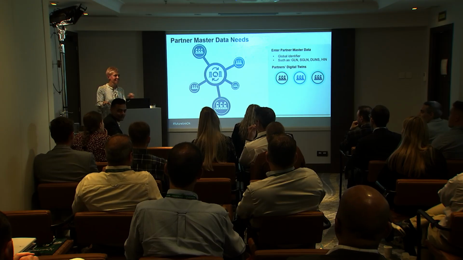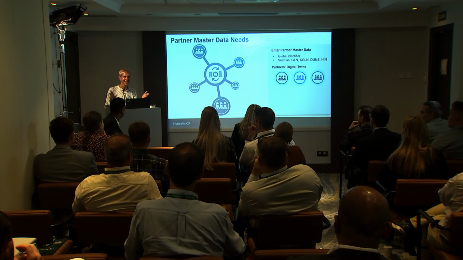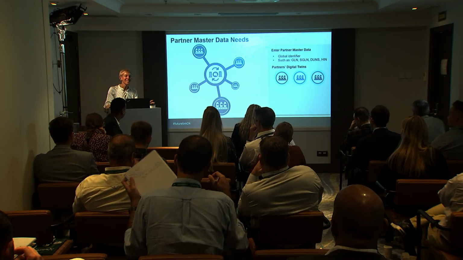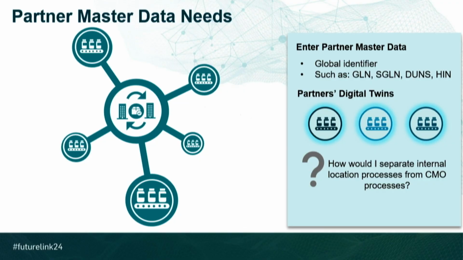Just another question: if you wanted to link your internal location, how could you do that? I think I worded this incorrectly, because the answer is to create another process network, but yes, add a location to company master data. How would you keep your separate location processes from CMO processes?